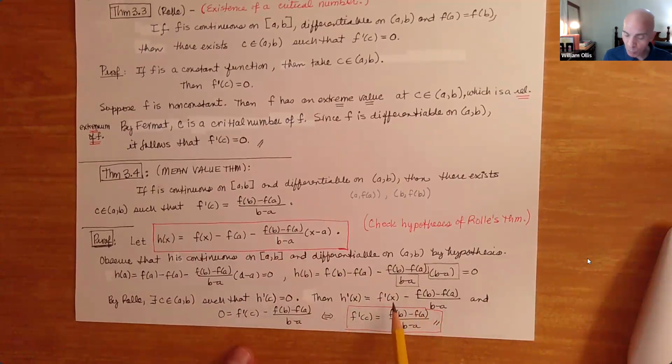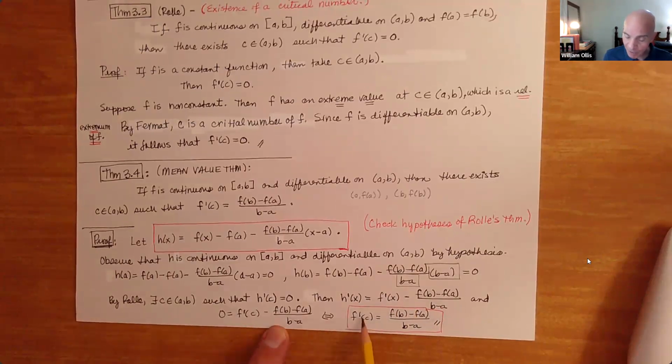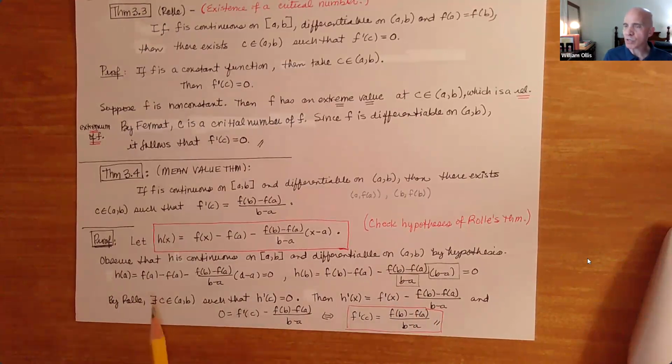Now, of course, when we do that replacement here, we just have f prime of c minus the rise over the run. And then, of course, we can just transpose this rise over run to get the f prime of c equal to f of b minus f of a divided by b minus a, or the slope of the secant line.